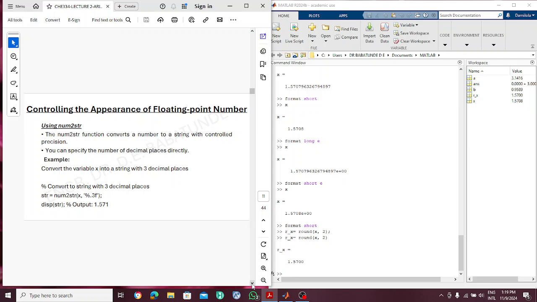So how does num2str work? You call the function num2str, open the bracket, supply the variable followed by the format in which you want the variable to appear.